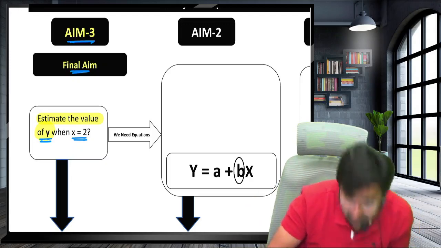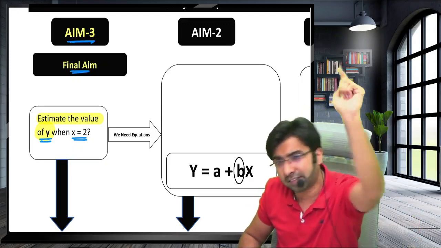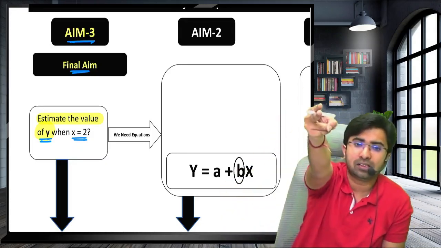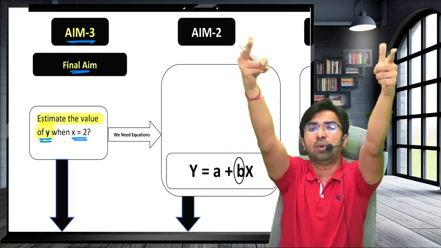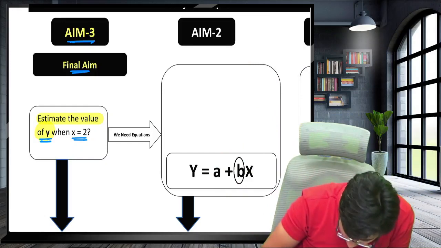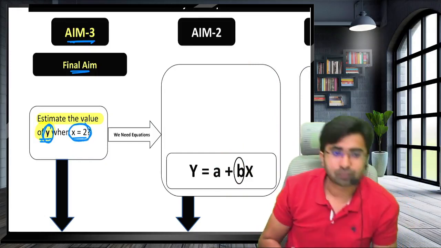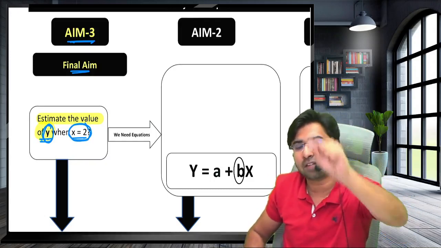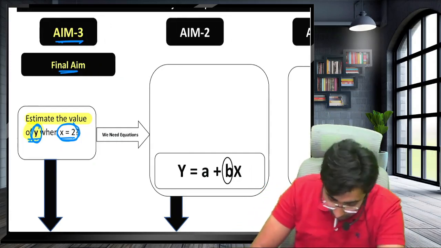That final aim is the regression analysis definition. The regression analysis definition says your final aim in this chapter is to estimate the value of one variable when you already know the value of another variable. For example, you have to estimate the value of y when the value of x is 2. Now just tell me how you will estimate.